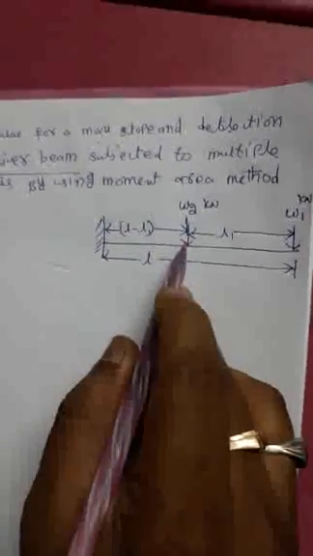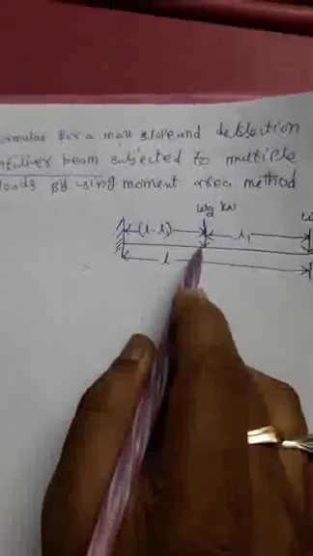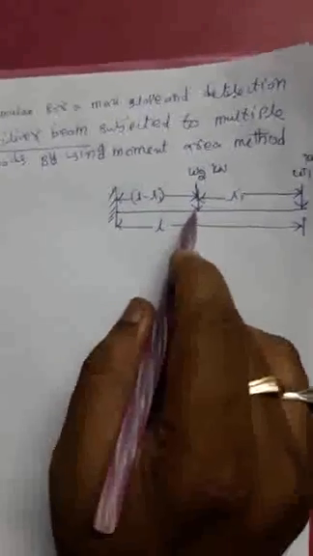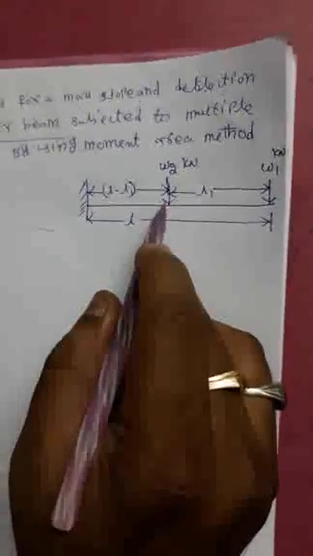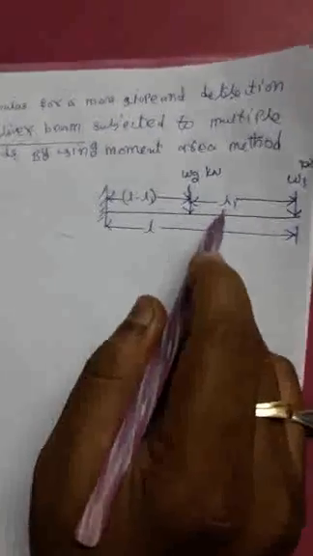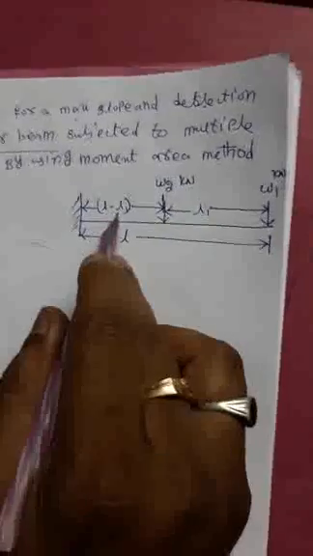Because W2 acts at the center of the beam, so the distance is divided into two parts, L by 2 and L by 2. This L by 2 we assume as L1, and the other L by 2 is L minus L1.